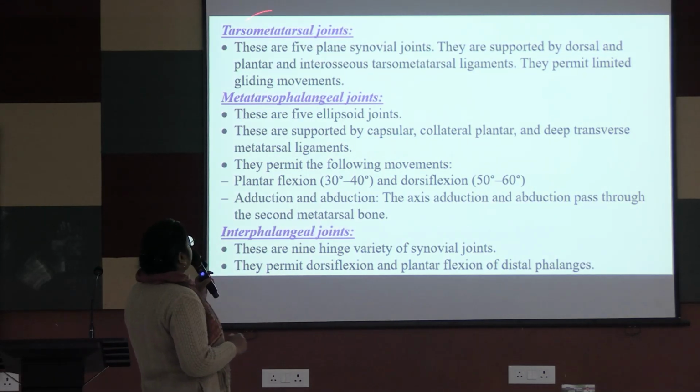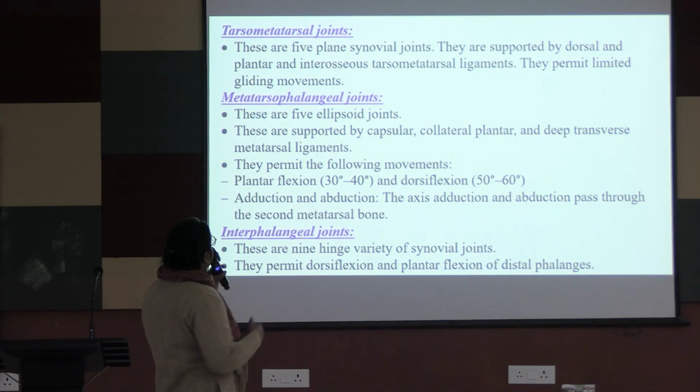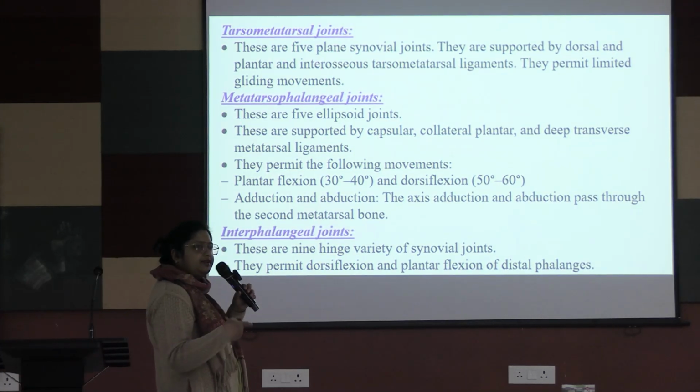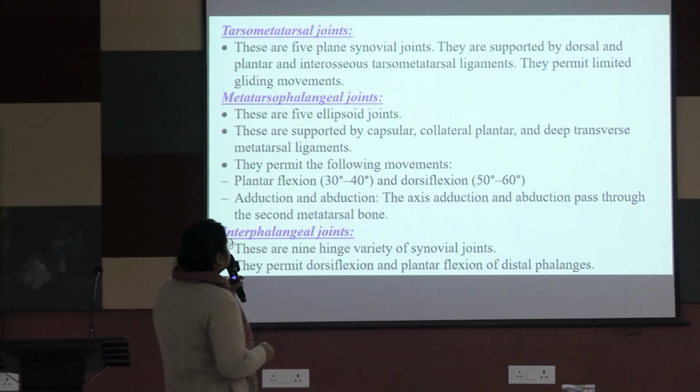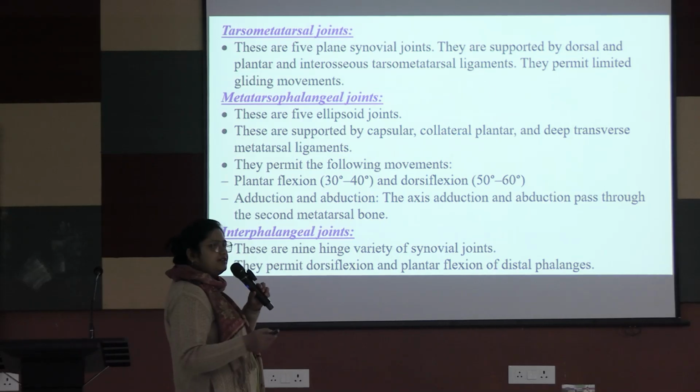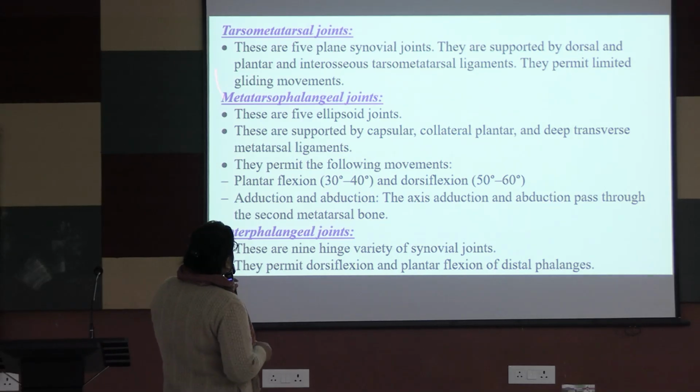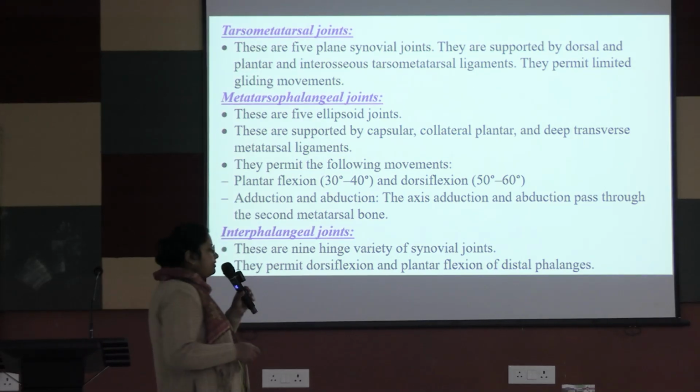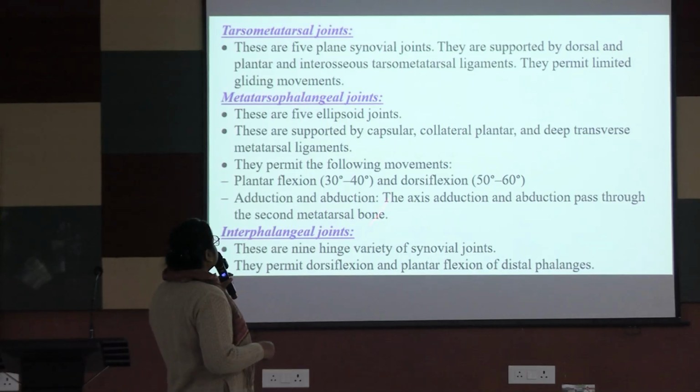Next we are going to the tarsometatarsal joints. We have already seen these are 5 plane synovial joints articulating with the bases of the metatarsals. They are supported by the dorsal, plantar and interosseous tarsometatarsal ligaments, and they permit limited gliding movements. Next are the metatarsophalangeal joints.